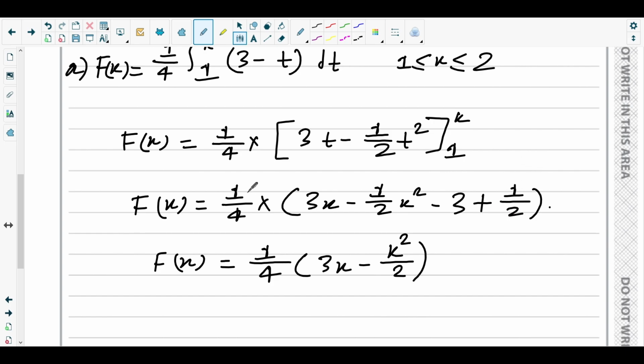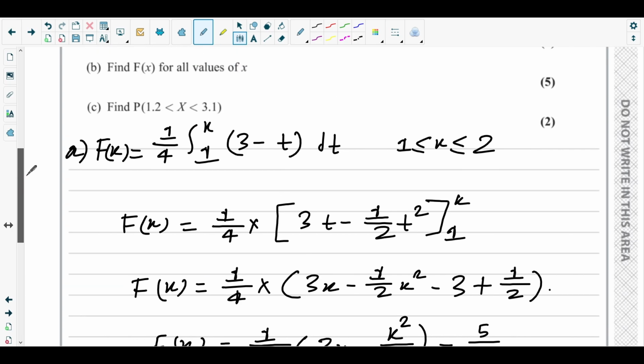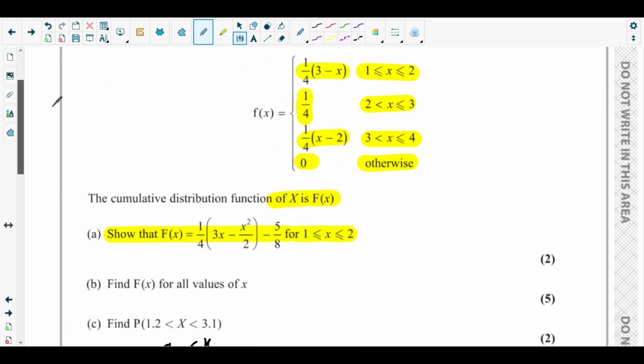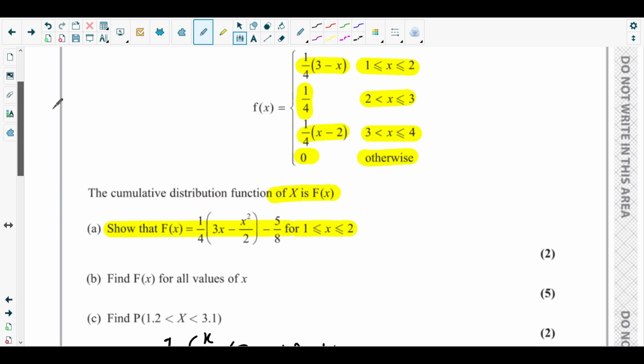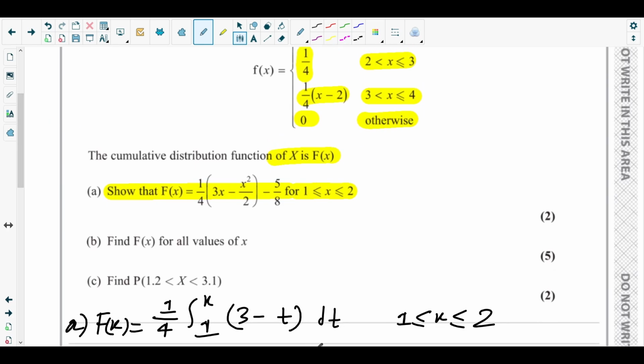Negative 5 over 2 times 1 over 4 is negative 5 over 8. And that's the cumulative distribution function F of x for x greater than or equal to 1, less than or equal to 2.